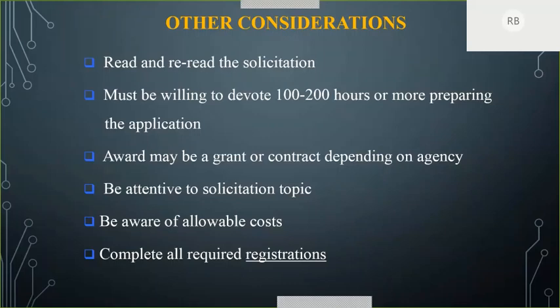Grants and contracts are not the same. A contract is where you get the grant first to do the research, and then the agency that you're dealing with buys what you come up with.